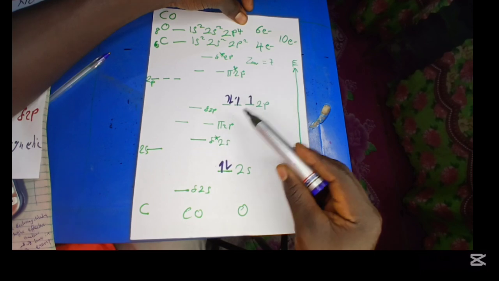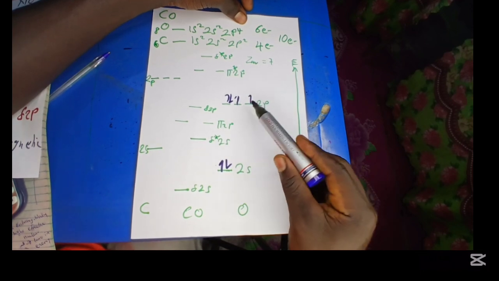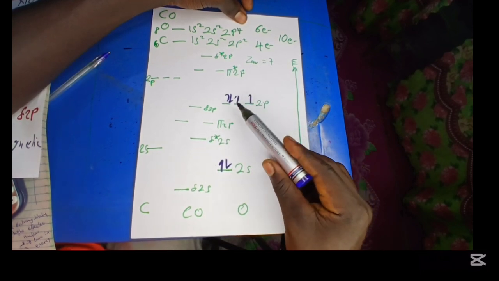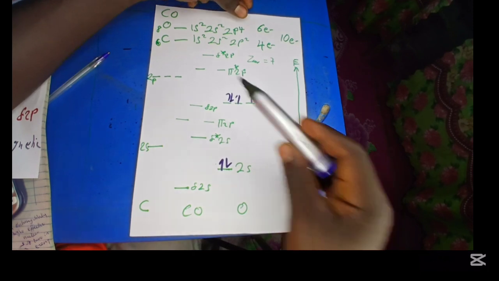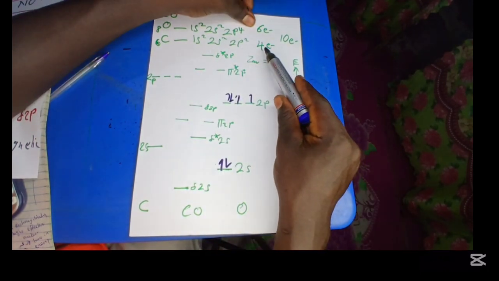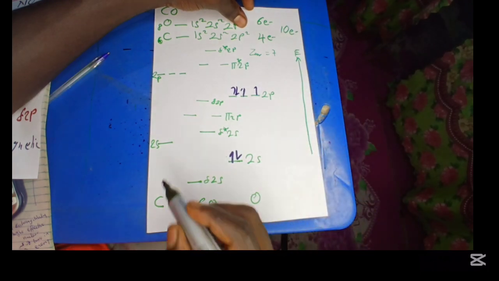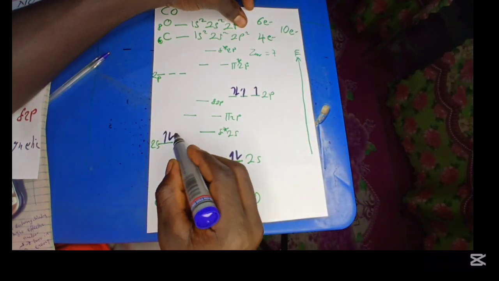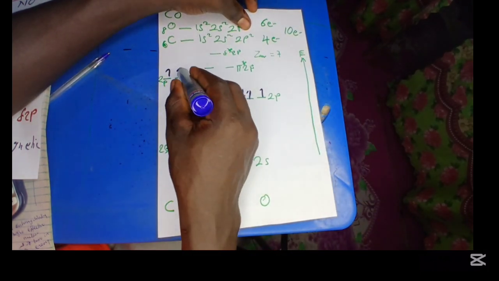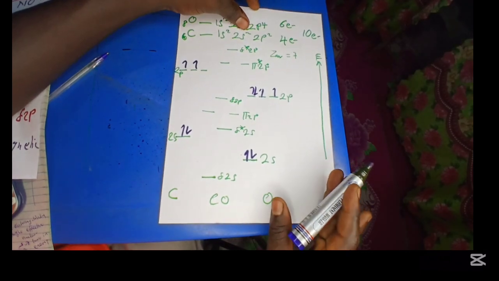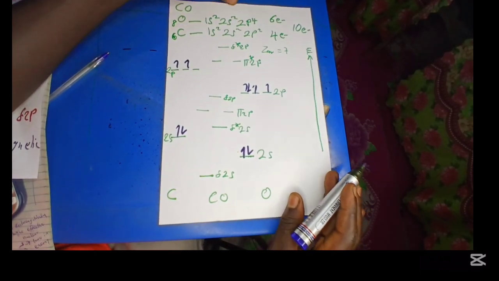Mind you, if you are filling this degenerate orbital, you have to fill them singly before you pair up. What about carbon? Carbon has 4 electrons. So let's start filling 1, 2, 3, 4. Hope that is okay. So that is for carbon.